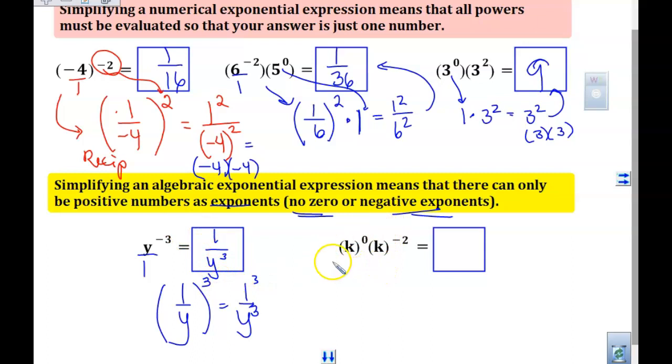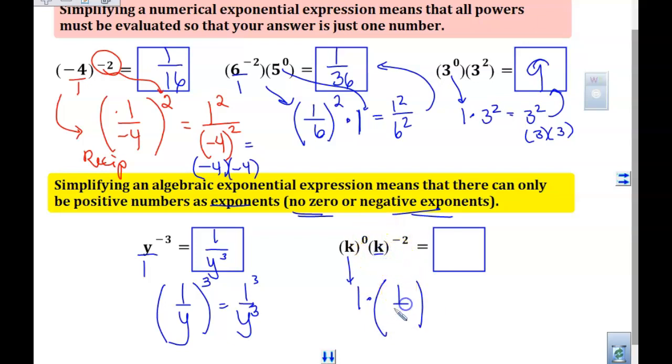I'm looking at this next one. Are you ready if we start off? Go ahead, Alexander. k to the 0 equals 1. But now, Grady, I have k to the negative 2. 1 over k.